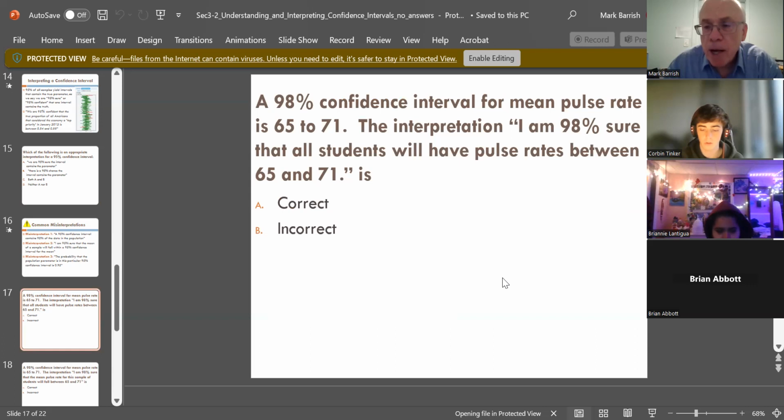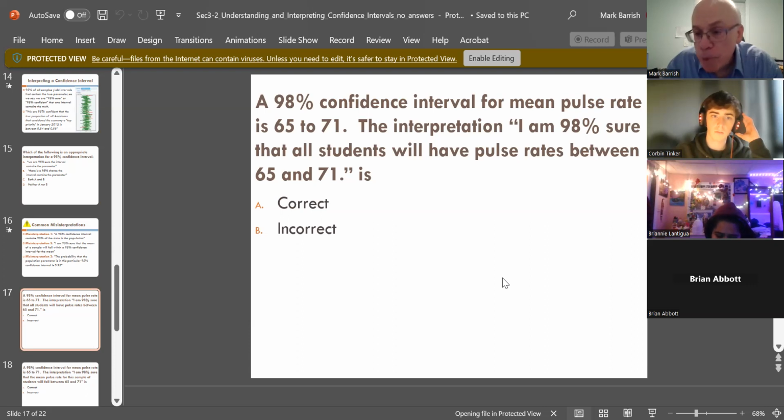Please say, is it true or not true? It's true. Okay. All students will have pulse rates between 65 and 71. Anybody else? I'm sort of telling you the answer is not quite true, but can anybody give me a reason why it's not true?